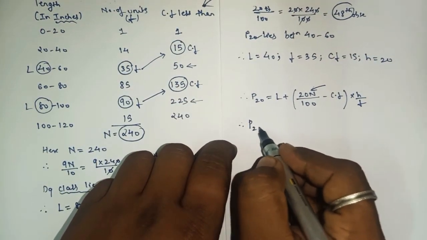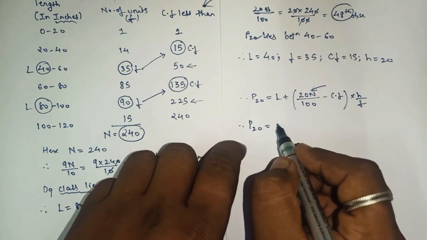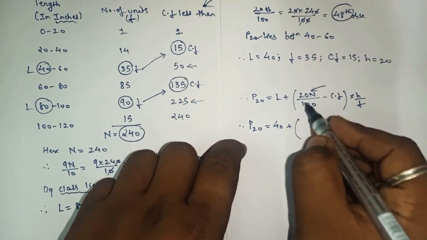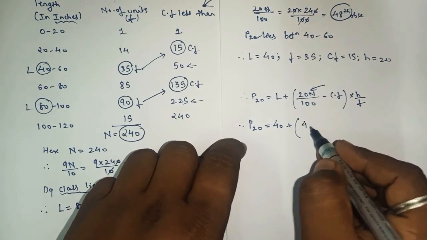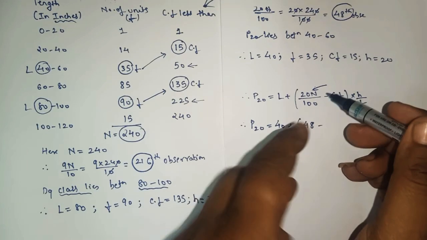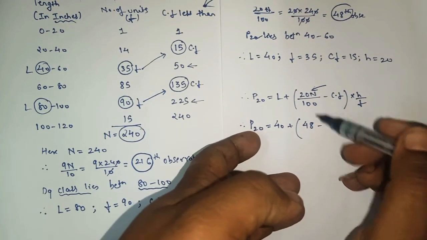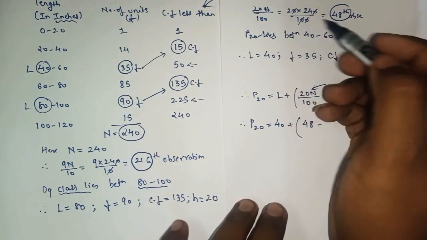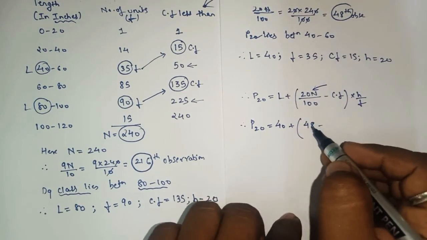We have to find P20. So L is 40 plus, for this section here we got the direct answer, that is 48, or else substitute the value of n as 240, still you will get the same answer. Already we got the answer for 20n upon 100, that is 48, so we can write directly.